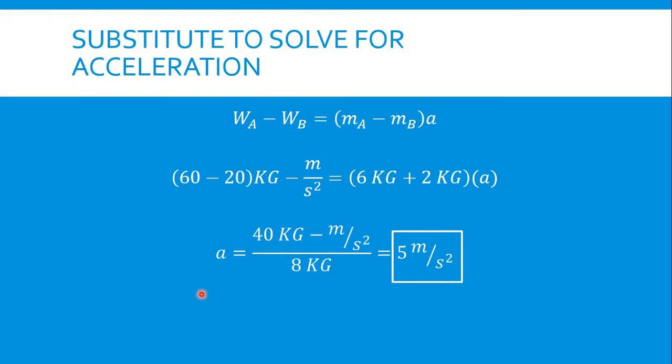Now, by simply substituting the weights in the earlier formula, we can solve for the acceleration. Weight A minus weight B is equal to mass A plus mass B multiplied by acceleration. By substituting, we get 60 minus 20 kilogram meters per second squared is equal to 6 kilograms plus 2 kilograms multiplied by acceleration.